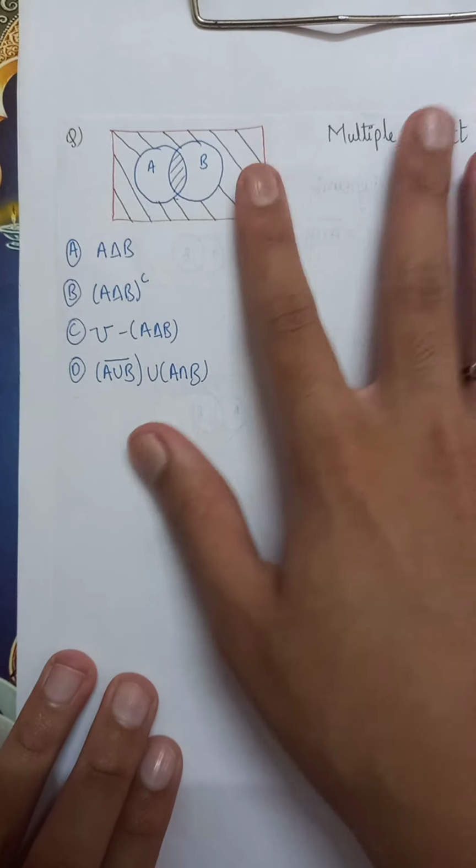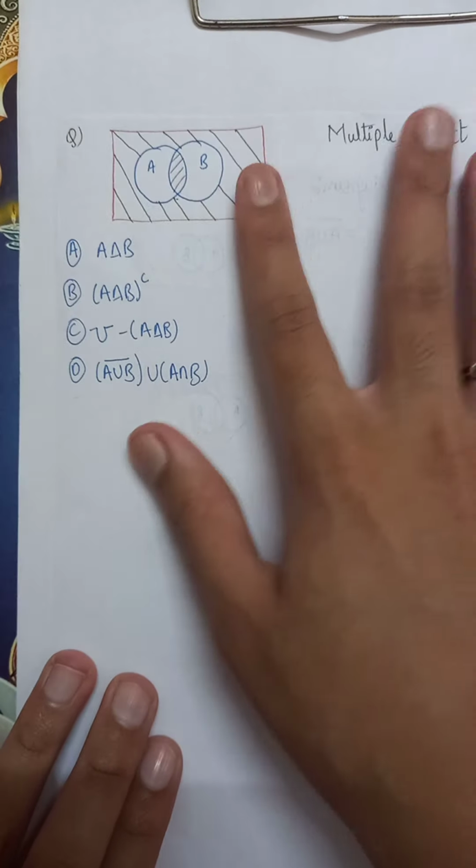As I told you, you would be able to understand if you're attending the lectures in a sequence and revising daily. So this is the symmetric difference of A and B Venn diagram. We can see that this is not matching. These both are not correct.